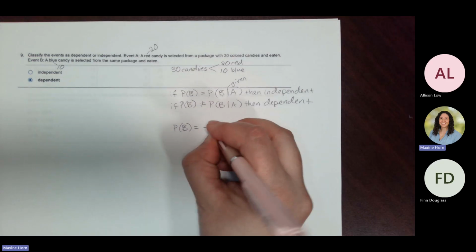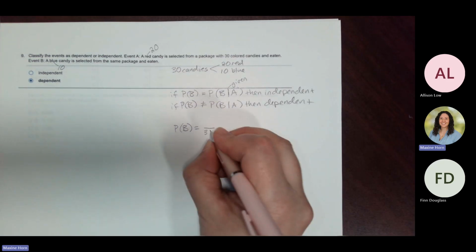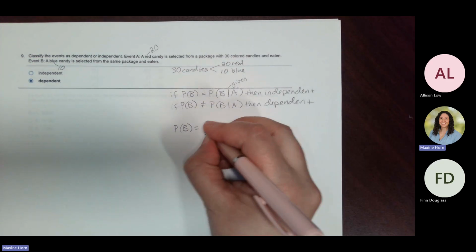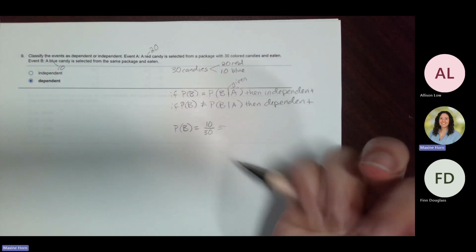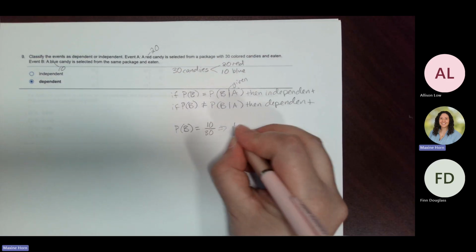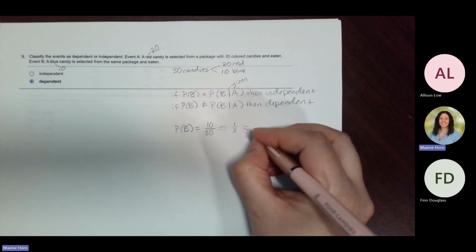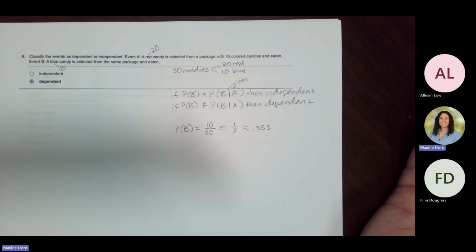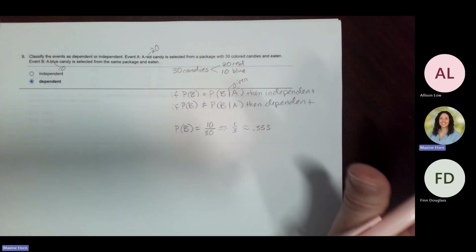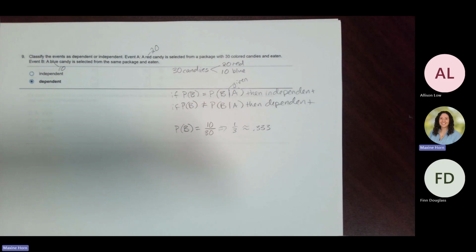So it's going to be the part over the whole. The whole is 30 candies. The part is the 10 blue ones, right? So that's giving us a probability of 1/3 or 0.3333. It's 0.3 repeating, but it's 1/3, okay? So that's the probability of just event B, not talking about A.